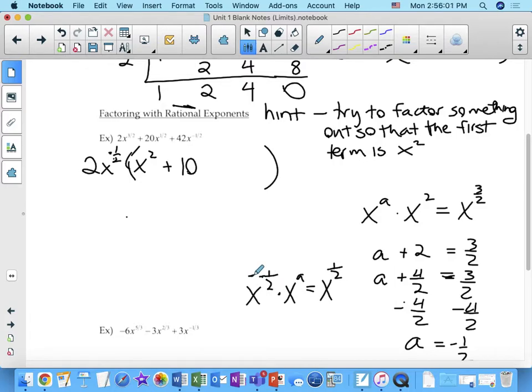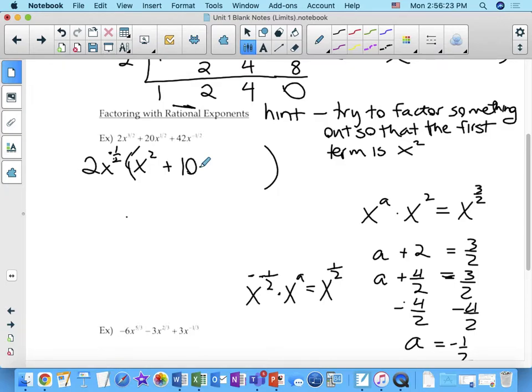That's what's going to be left here, because you're multiplying this times this, and you're left with that. You're imagining that you're expanding back in, and what you want is x to the 1/2 as you're factoring out.